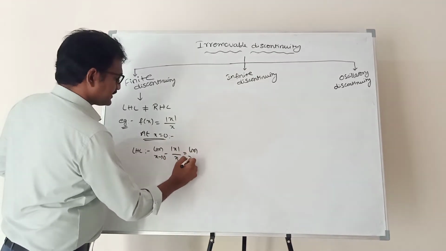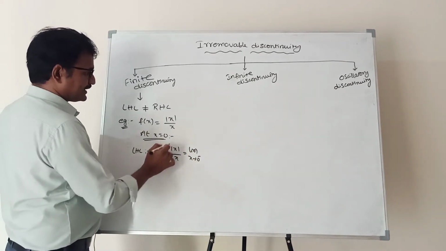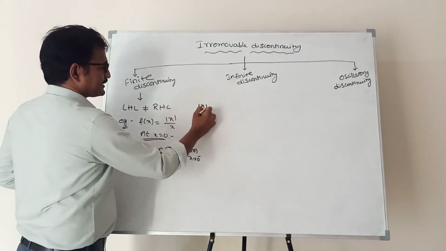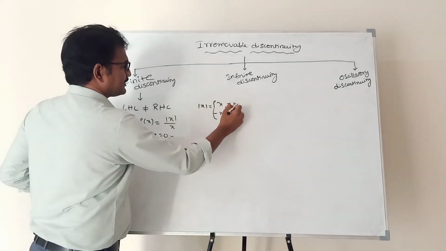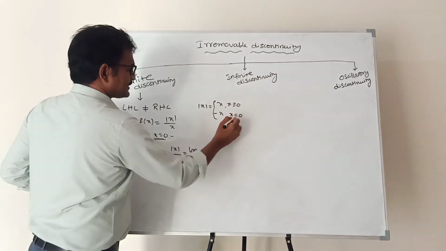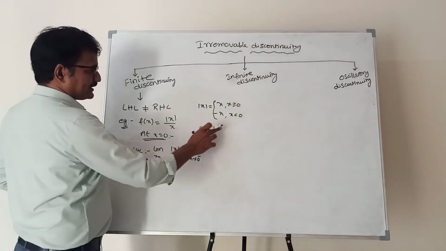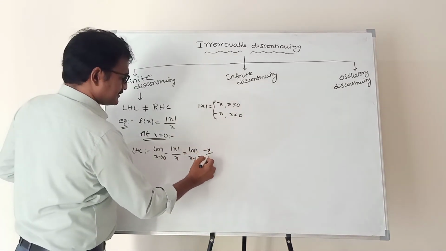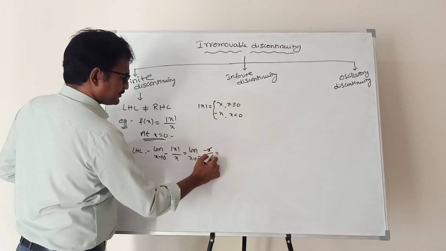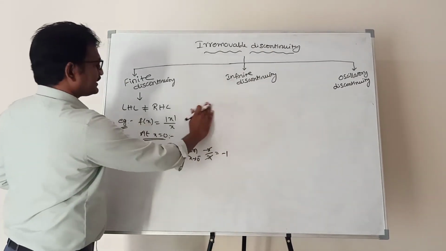Mod x is x when x greater than or equal to 0, and minus x when x less than 0. Here x is 0 minus, which means less than 0. When x is less than 0, mod x will become minus x. Minus x by x, so this is minus 1.